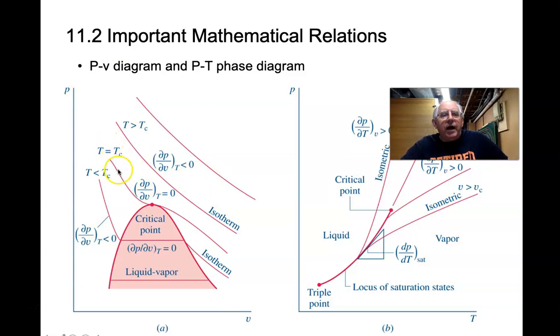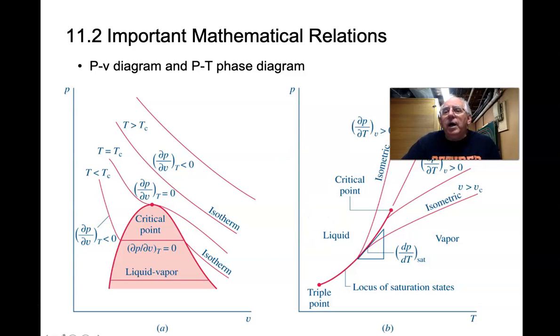Obviously, here is the isotherm that goes through, which corresponds to the critical temperature. And then once we get lower than that critical temperature, we see that the substance goes through the subcooled region. It hits the dome and goes across, and then it comes out into the superheated region as an isotherm.